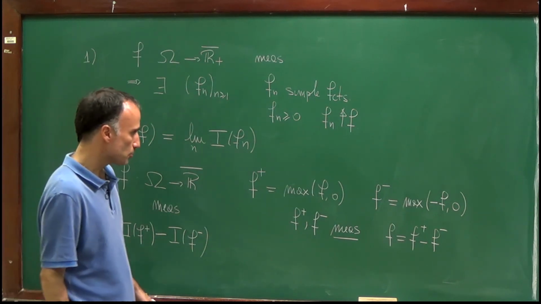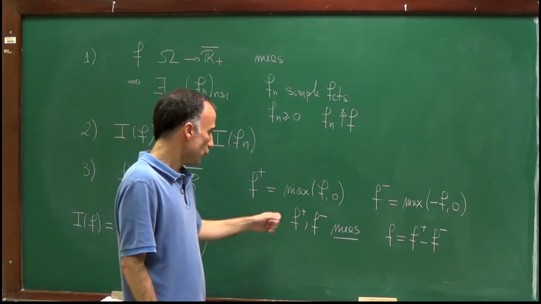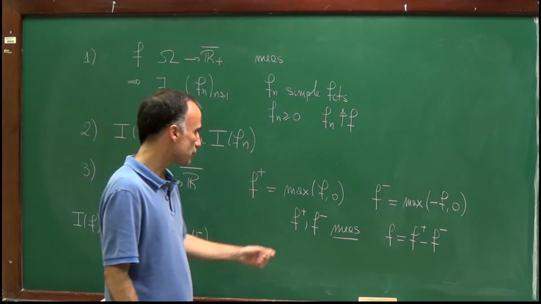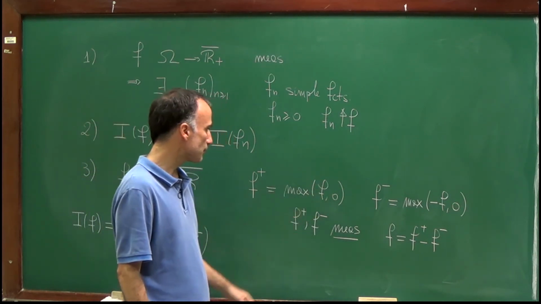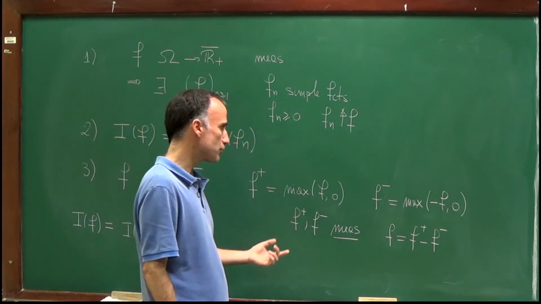So observe that in this sequence of steps, we need to show that if we have a function which is measurable and we change it in some algebraic way, we obtain a measurable function.